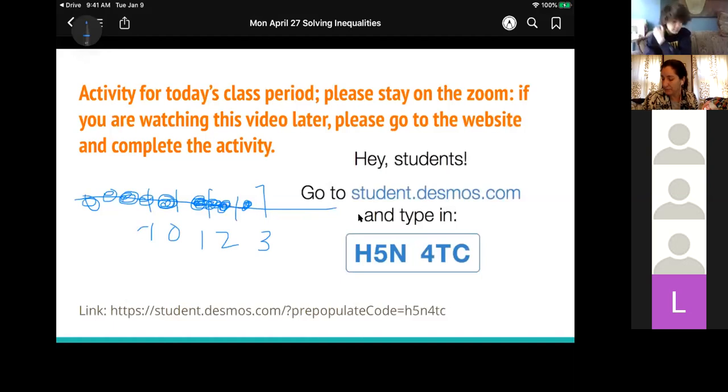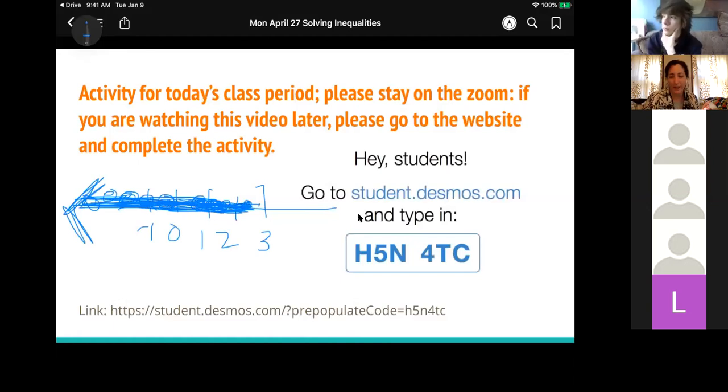If I filled in all these points behind, I would end up with this solid line. Because not only do 2 and 1 fit, or 2 and 1 are less than 3, but so do 2.2 and 1.2 and 1.21. So eventually we get these all filled in all the way up to 3, but 3 is not included.